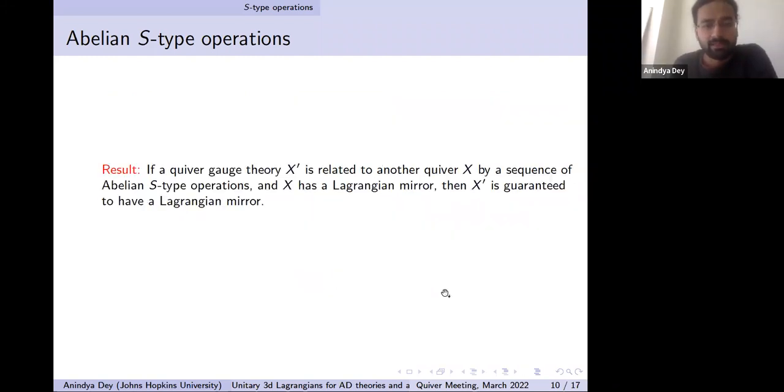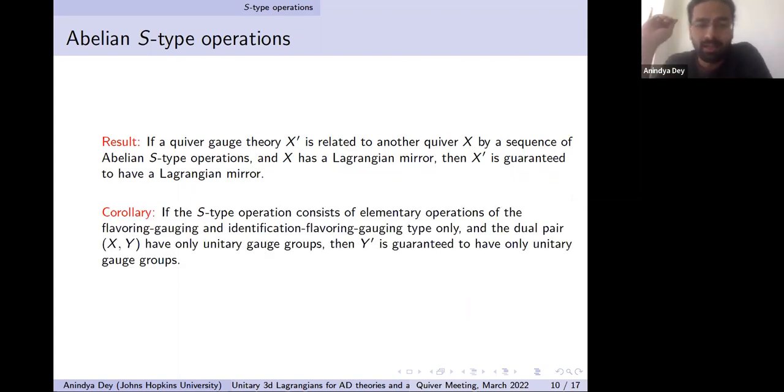All right. So then we arrive at this result that suppose I have a quiver gauge theory X prime, which is related to another quiver X by a sequence of these abelian S-type operations. And X is known to have a Lagrangian mirror. So then, by this construction that I just described, X prime is guaranteed to have a Lagrangian mirror. Okay, so you can just look at the quiver X prime and say that it must have a Lagrangian mirror.